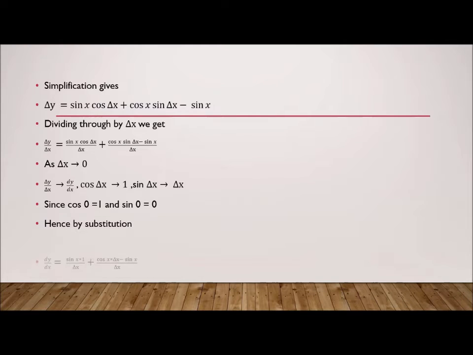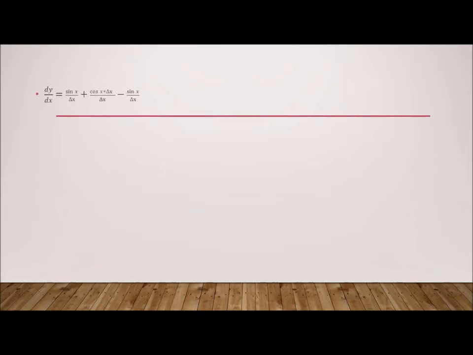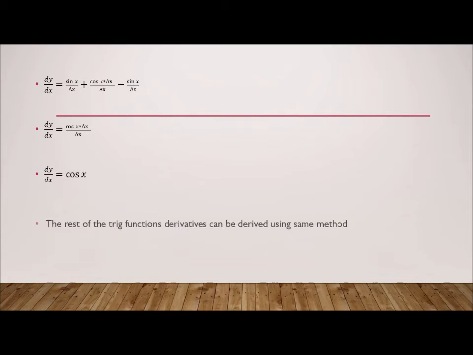Hence by substitution we get dy/dx is equal to sin x times 1 over delta x plus cos x delta x minus sin x over delta x. So dy/dx will be that, giving us cos x times delta x over delta x, simplifying to cos x.